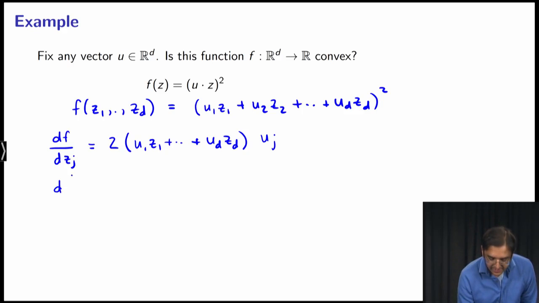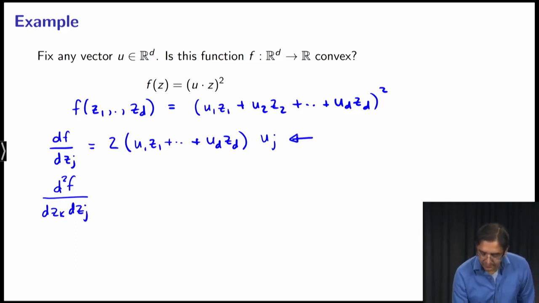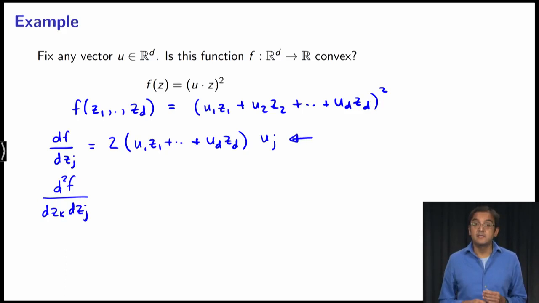Now let's take the second derivative with respect to z sub k of this thing. We start with this expression, and now we take the derivative with respect to z sub k. In this whole expression, there's only one term that involves z sub k, and that's the term with uk zk.